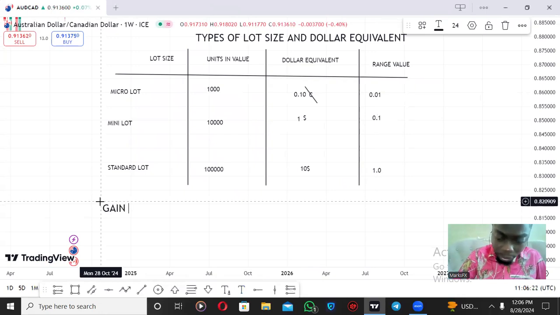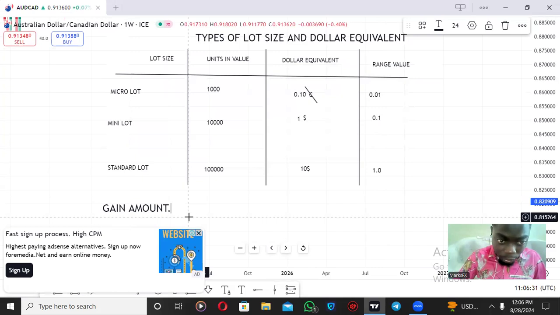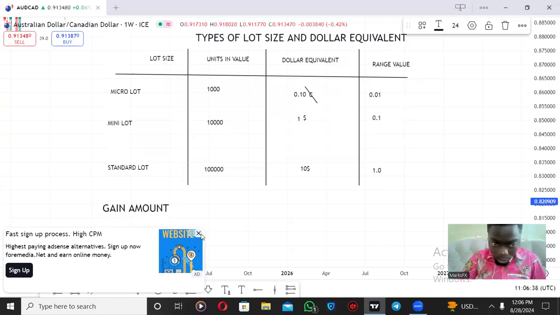For the gain amount, the formula will be number of pips.